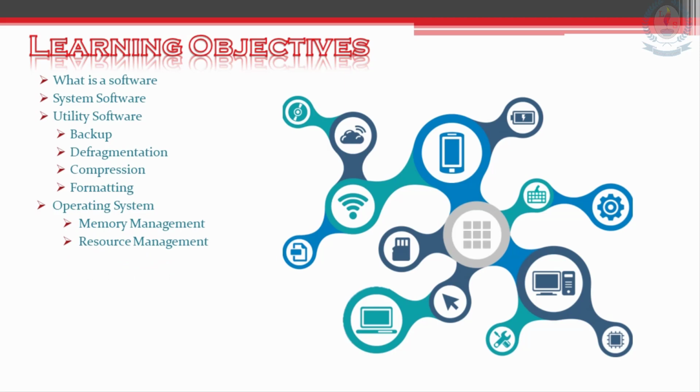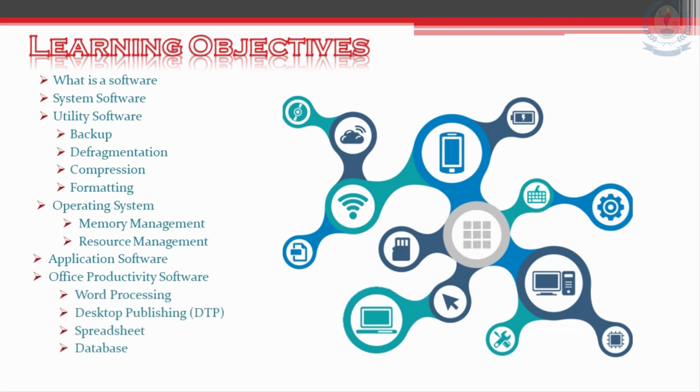Under the operating system, you are going to study about memory management and resource management. Next one is application software. Last one is office productivity software. Under this, you are going to learn about word processing software, desktop publishing software, spreadsheet software and database software.